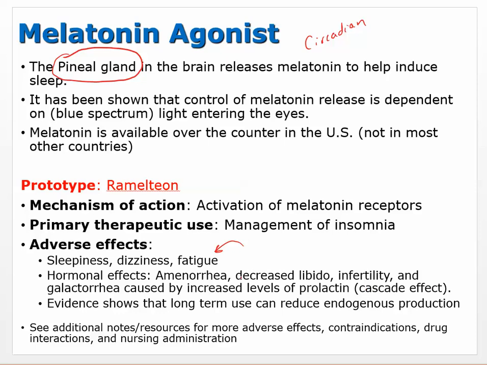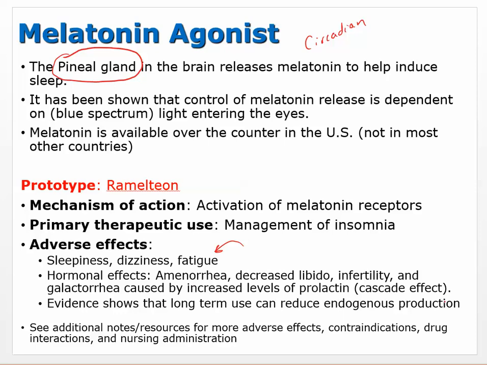Okay, and I have here that this is a cascade effect. Hormonal effects in general are just because melatonin is a hormone, and so when one hormone is released, it may have an effect on others. And if you give the melatonin, it's usually in a pretty high concentration. It can have an effect on other hormones, and in fact, evidence shows that long-term use can reduce the endogenous production.